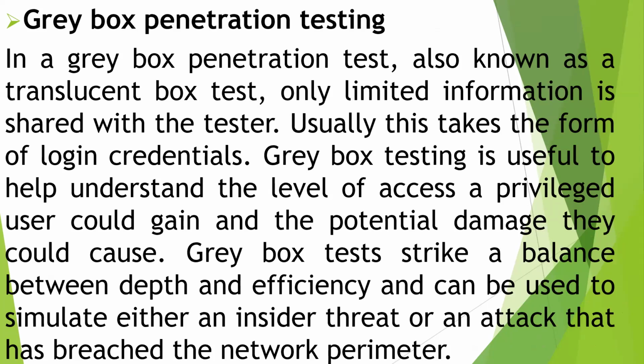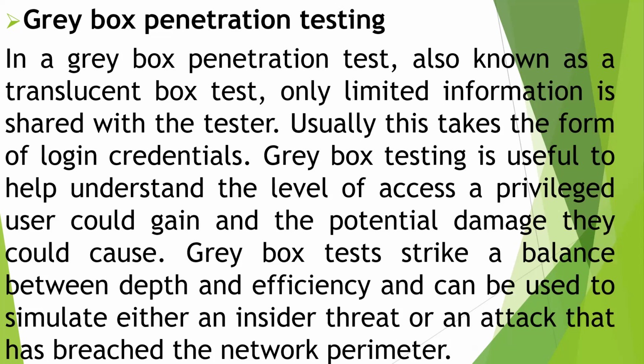So if you require some kind of login details for your test, they will give you login details, but of a user with a minimum level of access. The access you will have with those credentials will be minimal, probably the least information you can have. They can tell you something about their network, but you won't have full information as in a white box engagement.